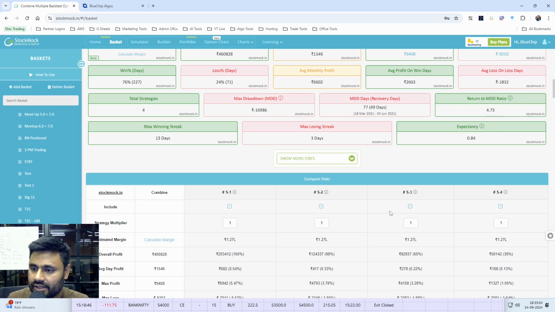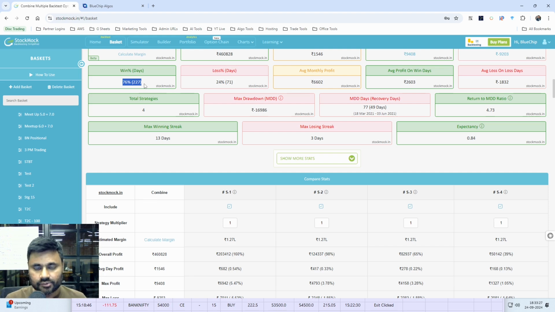If I add it, the expectancy is increasing, and the return to MDD has also increased almost by 50%. The win rate has massively gone from, I think, 64% to 76%. So this concept is very, very important for you to learn, especially if you are trading in options or equity.